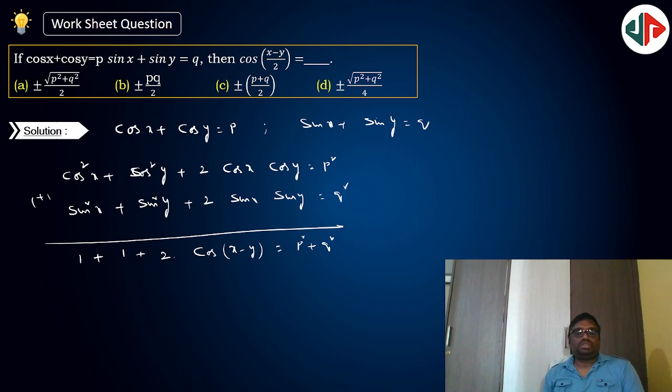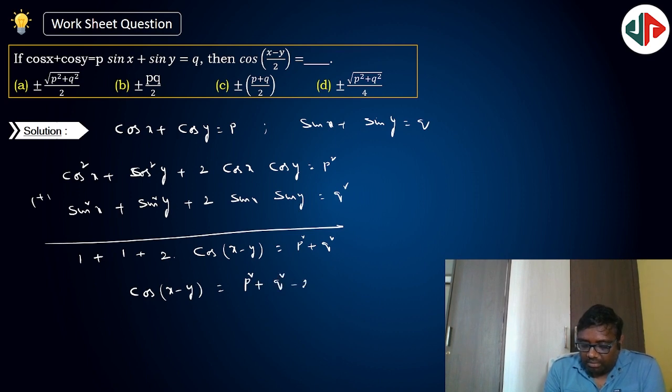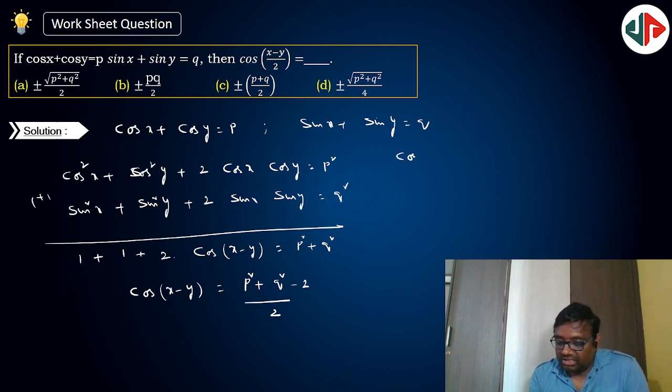Cos a cos b plus sin a sin b means cos of a minus b. So finally, cos of x minus y is equal to what value? This value is nothing but p square plus q square minus 2 by. But I want 2 times cos of x minus y by 2. Cos of x minus y by 2, what is the formula?